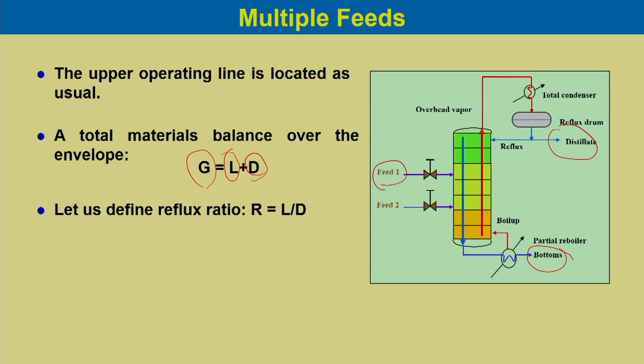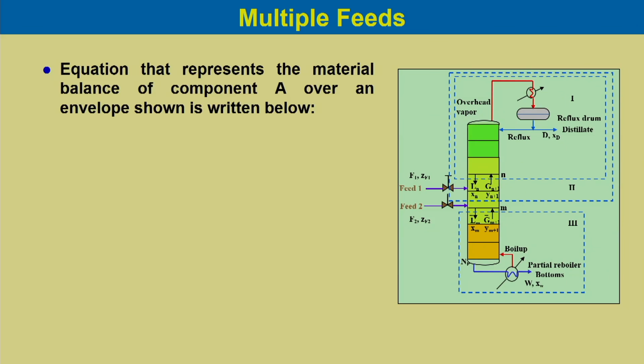Let us define the reflux ratio R equal to L by D, and if we do the balance, G is equal to R D plus D. So, in place of L we can substitute R D. So, it will be D into R plus 1. So, from here G by D would be equal to R plus 1.